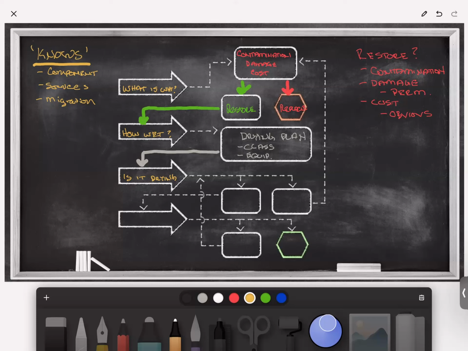Now, notice how many times as I asked this question about drying that I used the word same. Monitoring is a process of consistency. If I change anything about the method of collecting that data, I do not know if I'm drying. I can't stress this hard enough.